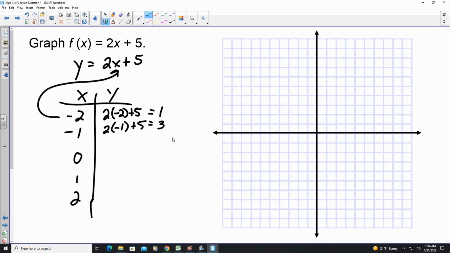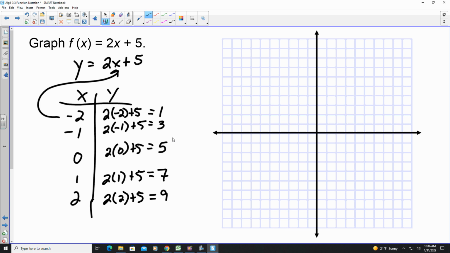Now I have 2 times 0 plus 5, which is equal to 5. You notice there's a pattern here: 1, 3, 5. I'm guessing 7 is the next one, but let's look. 2 times 1 plus 5, yep, it's going to give me 7. And I bet this one will be 9. So 2 times 2 plus 5, 4 plus 5 is equal to 9.